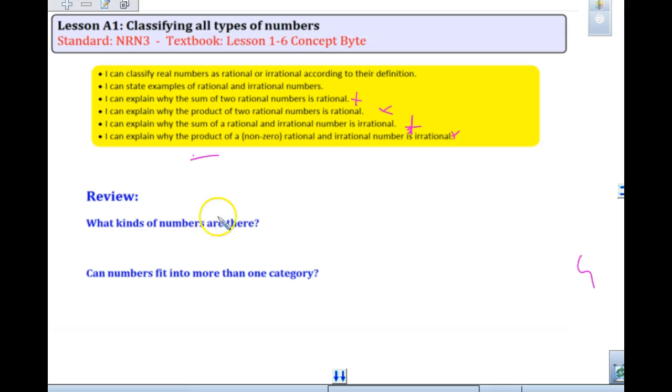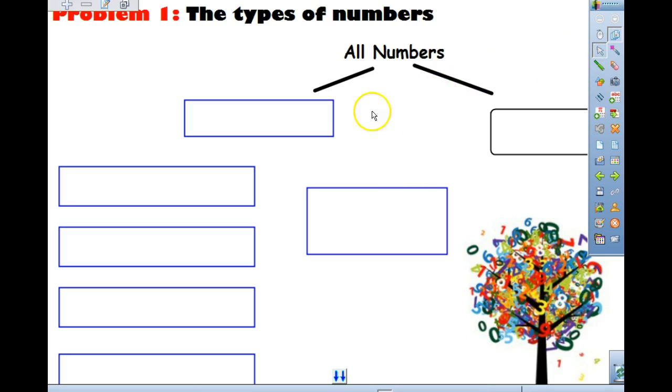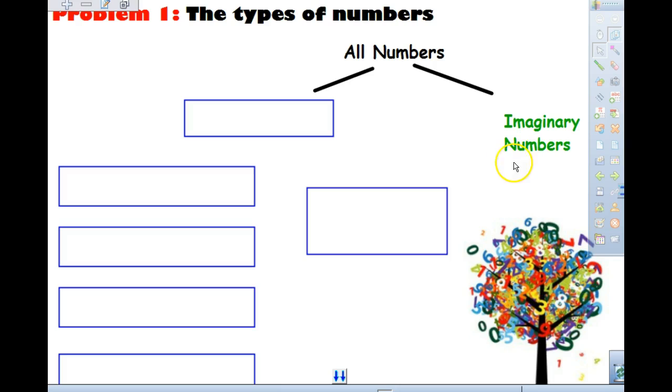So these special cases. If we are looking at that next category down, all numbers, we are going to have two different categories. This first one way over here, all by itself, is our imaginary numbers. You don't really have to worry about that till Algebra 2, okay?